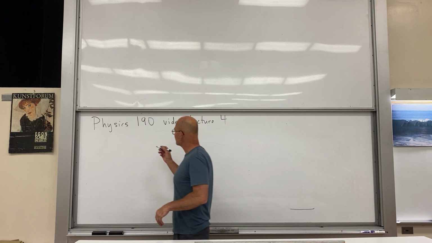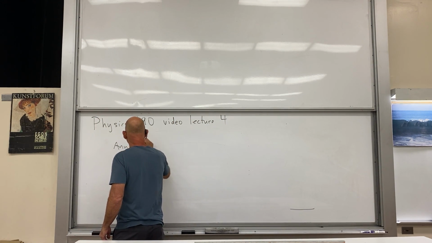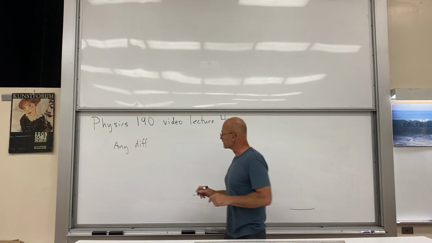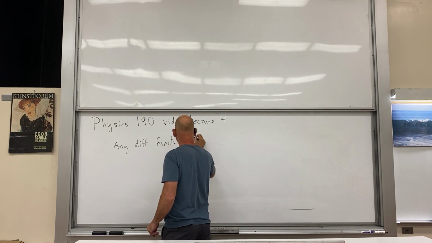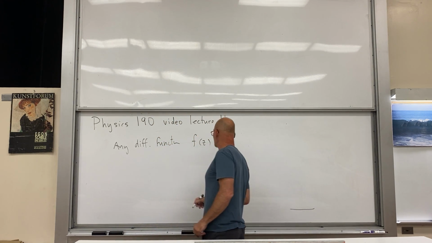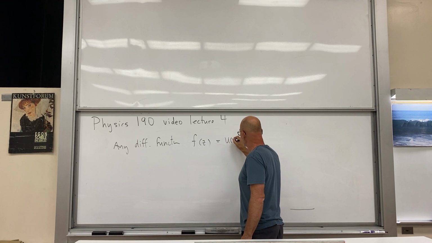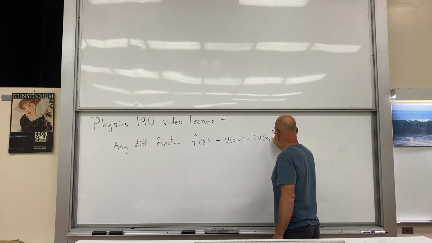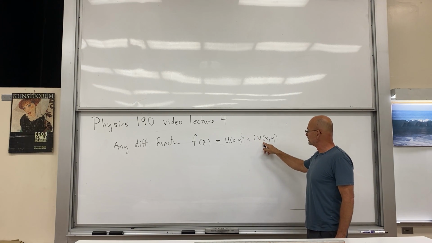So any differentiable function, any complex differentiable f of z, has a real and an imaginary part, and so you can write them u of x and y plus i v of x and y, where u and v are real, right?